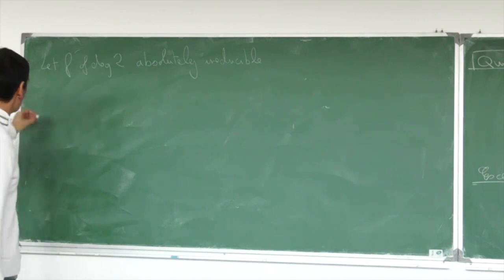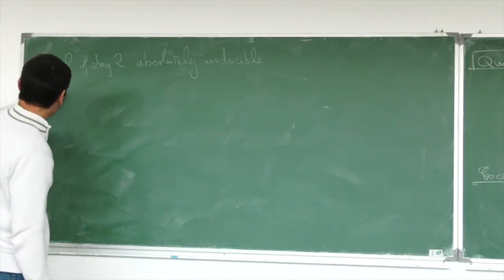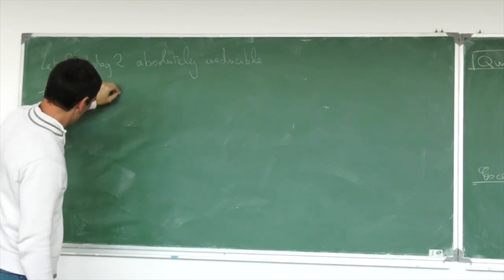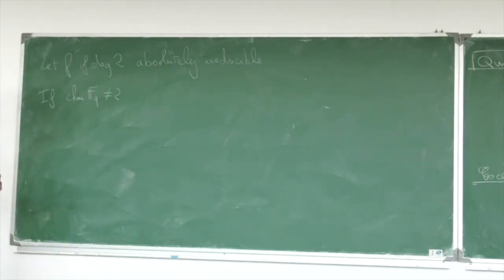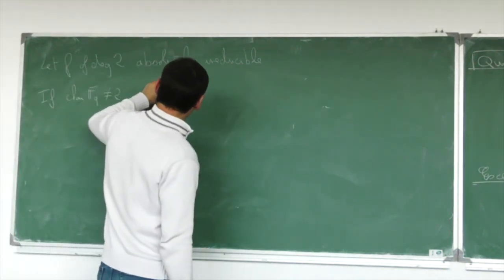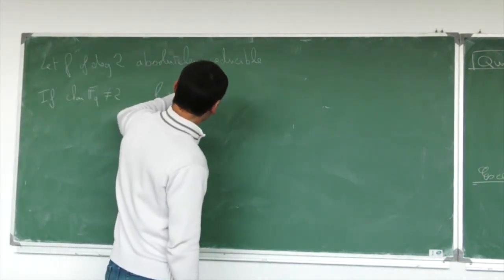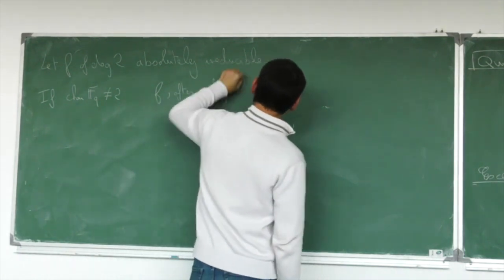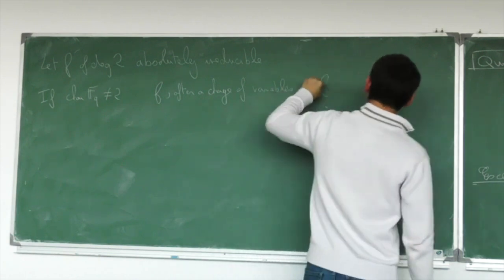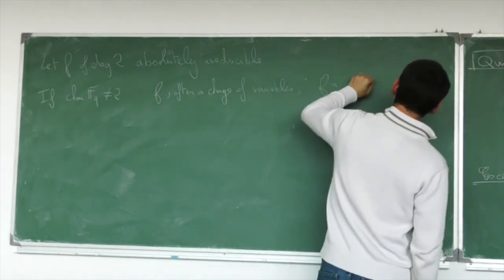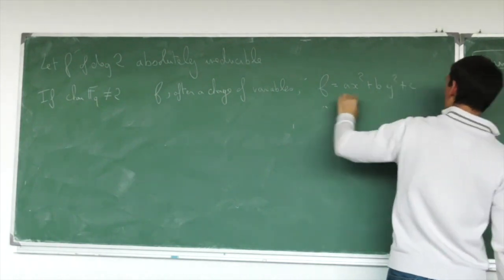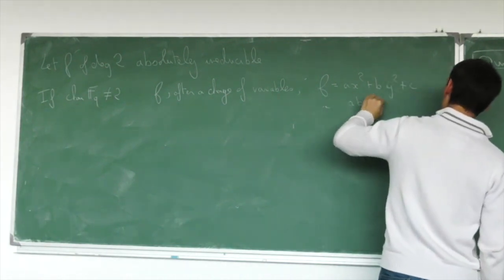So if the characteristic of F_q is different from 2, then you know that F, after a change of variable, can be written a x squared plus b y squared plus c, with a, b, c all non-zero.